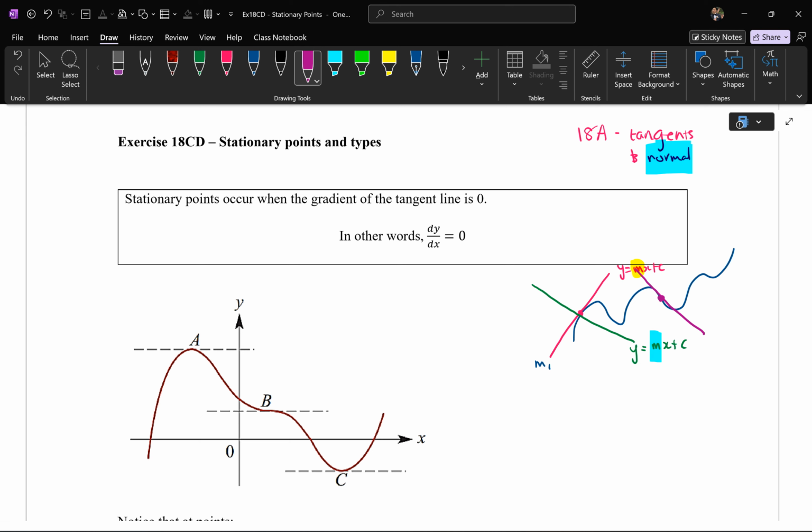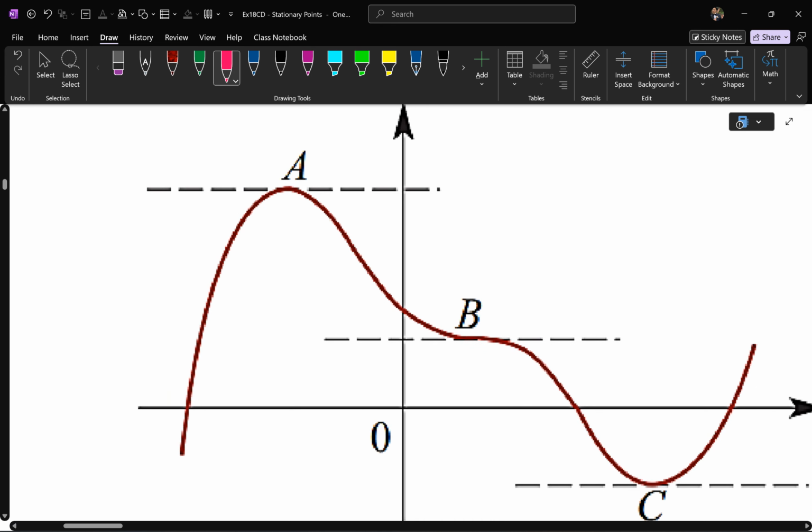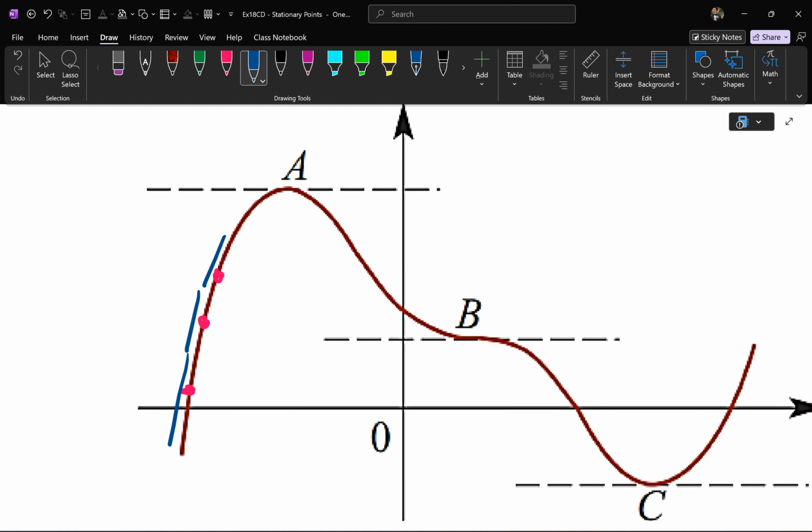So looking at this curve here, let's have a look. If I picked any points here and drew a tangent line to each of those points, what sign is the gradient at the moment? Positive. So we say positive, positive, positive. But we can see that it's a steep gradient, but as you go closer and closer to point A, what have you noticed about the gradient? It's getting flatter.